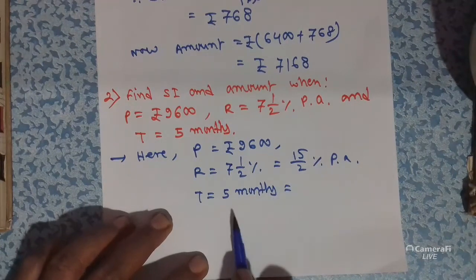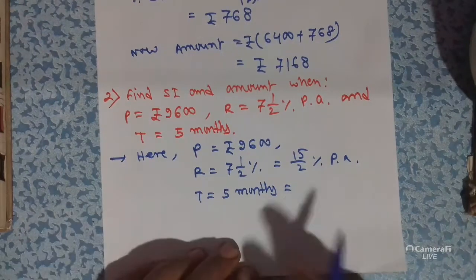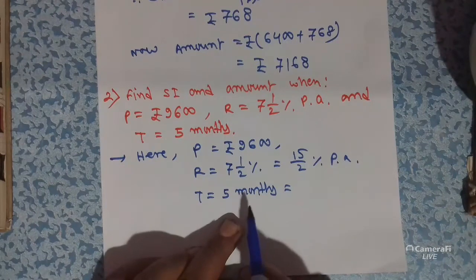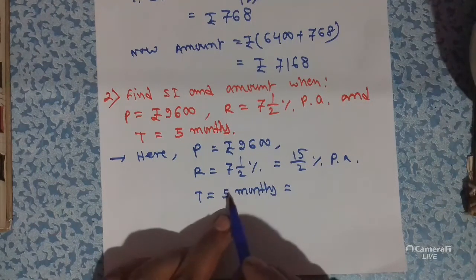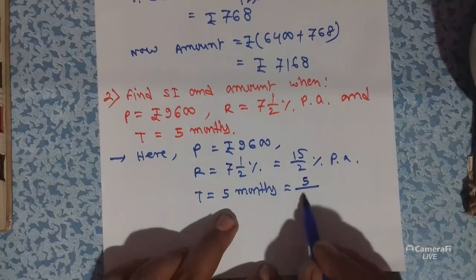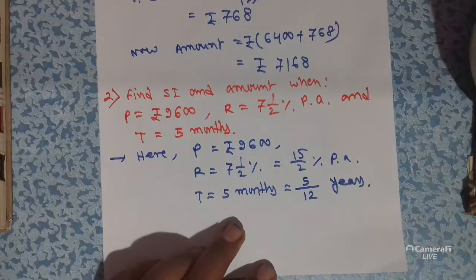So we have to convert 5 months into years. If you convert months into years, we have to divide 5 by 12. So 5 months is equal to 5 by 12 years.